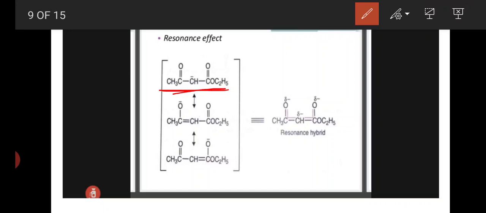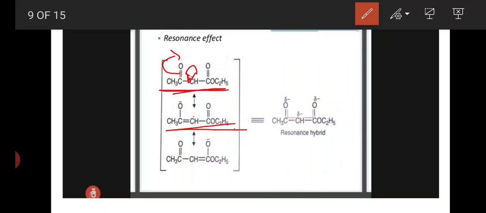This negative charge shifts to the left side or right side. For example, when this negative charge shifts to the left side, this pi bond shifts to oxygen and forms this compound, CH3 CO minus double bond CH single bond C double bond O OC2H5. This is one of the resonance structures.